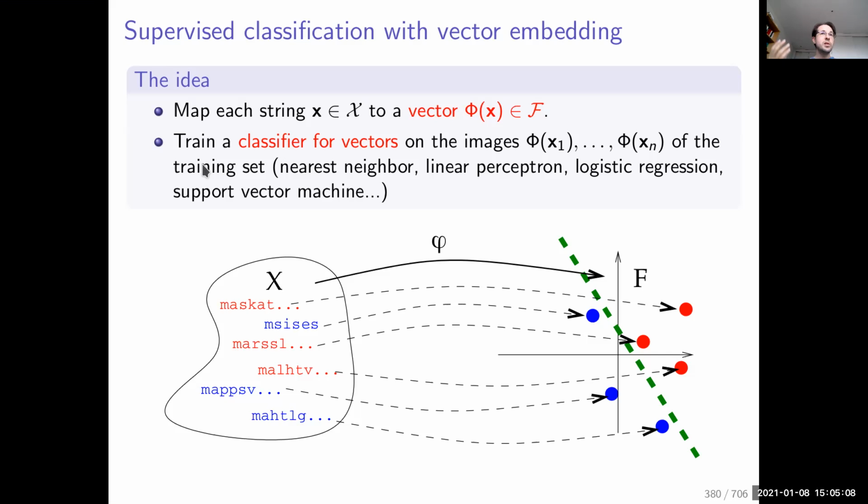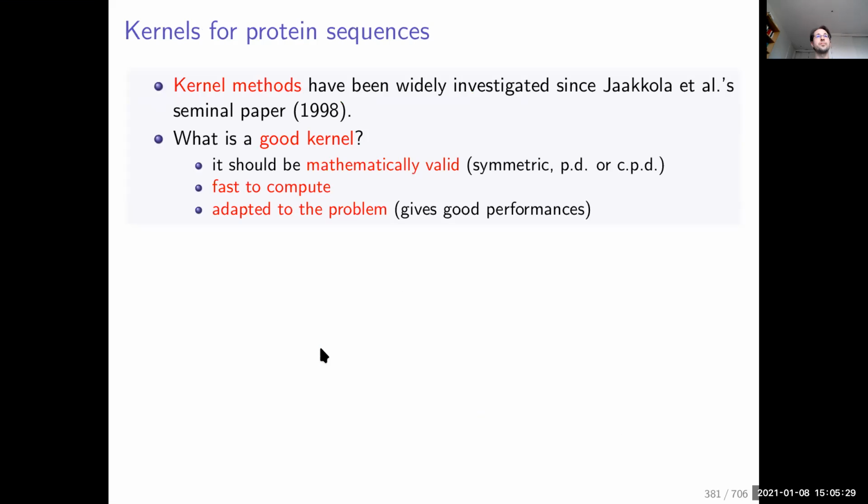And for that, you can do many things. After you embed your sequences into a vector, you can do nearest neighbor, a linear perceptron, logistic regression, support vector machine, ridge regression. Now, the question is, what is a good embedding for these sequences, and how do I do all of this efficiently?